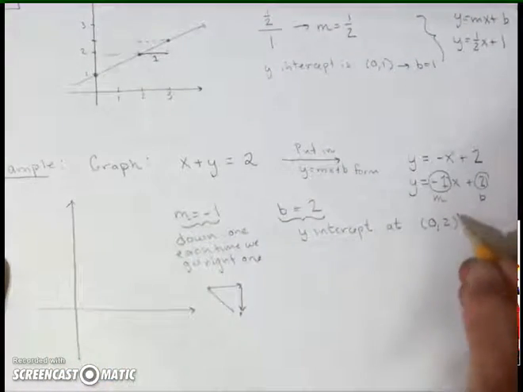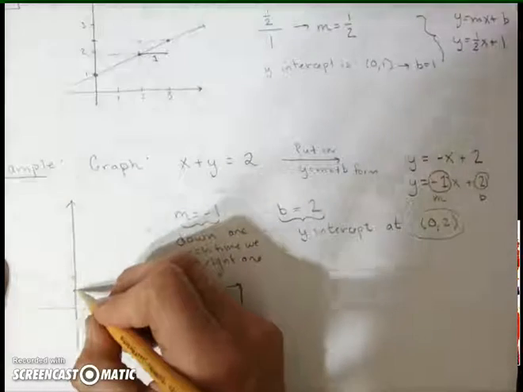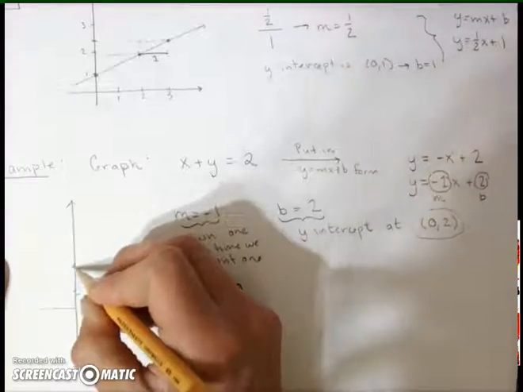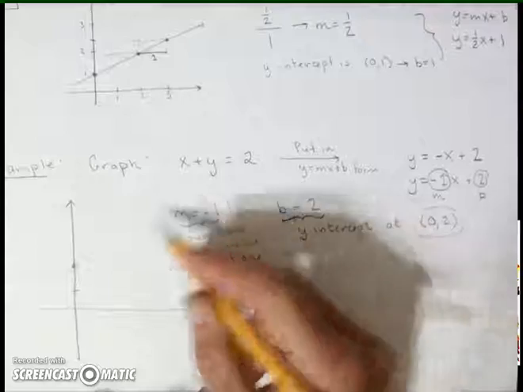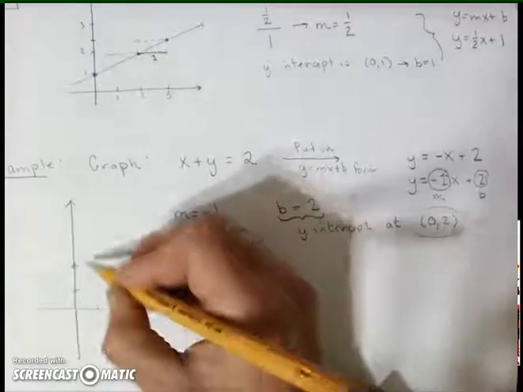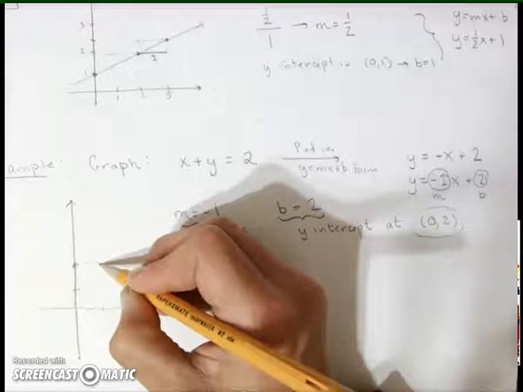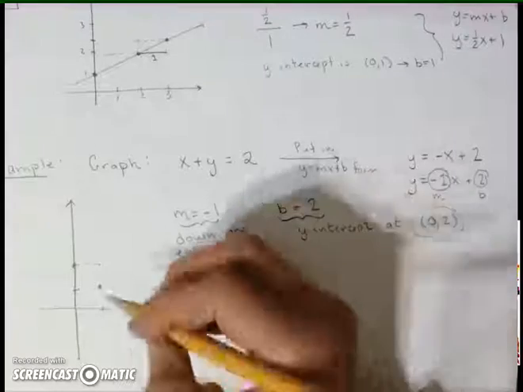So first, I'll graph the y-intercept because that's a point that I know is on the graph. So 0, 2 will be right here. Now I can find another point on the graph using the slope. I know that for every time I go over by 1, I have to step down 1. So that gives me another point on the graph.